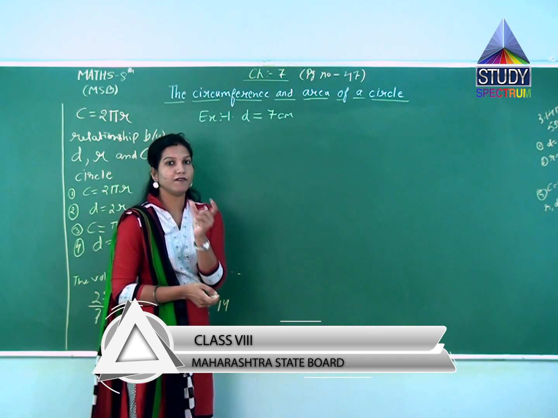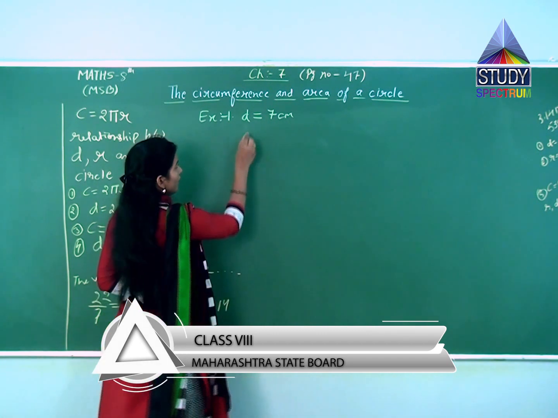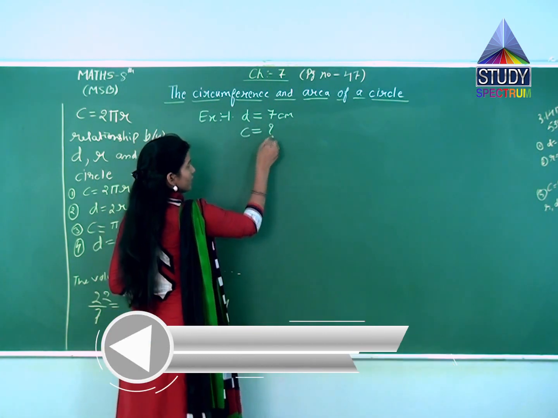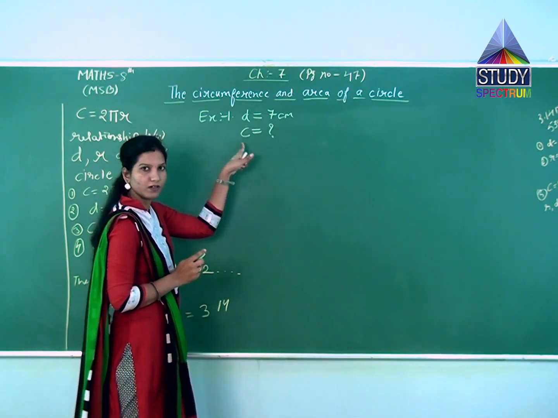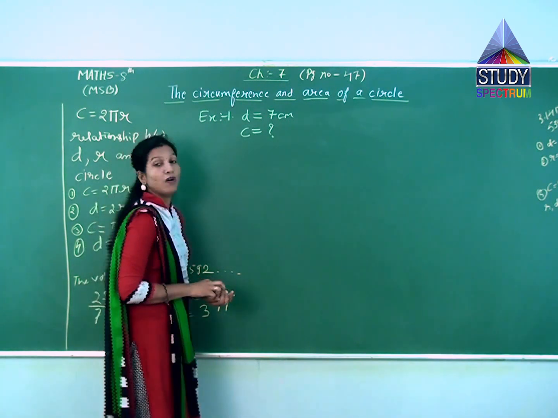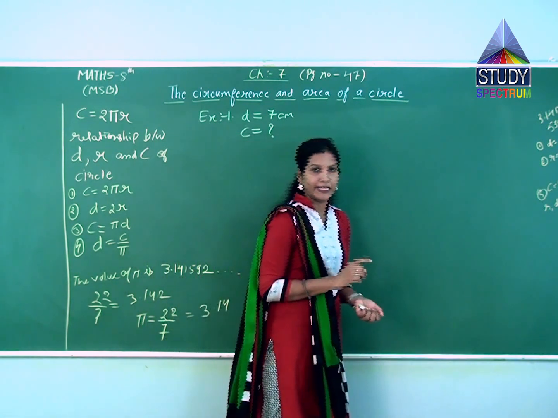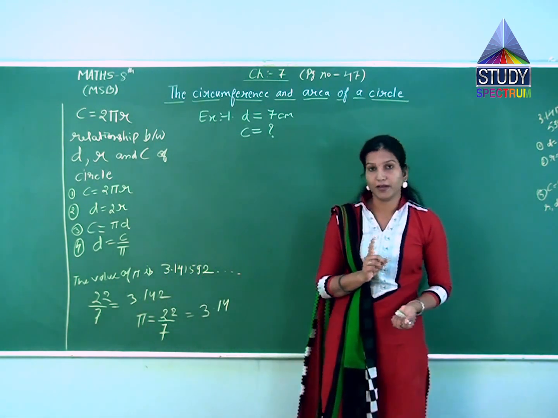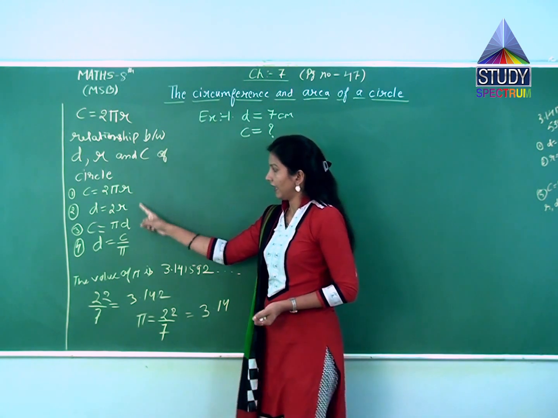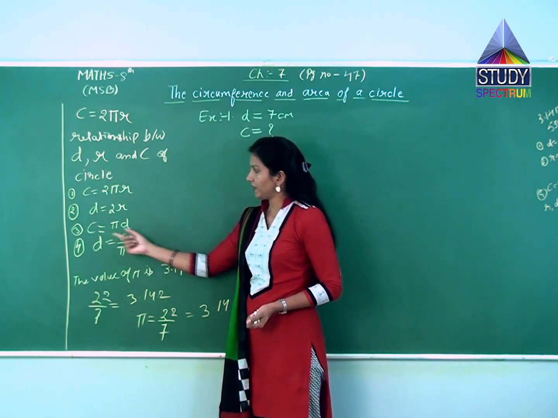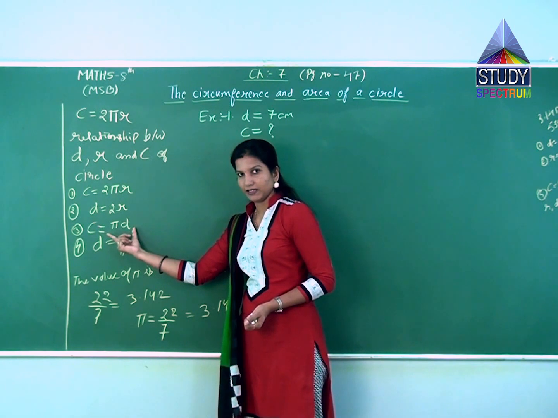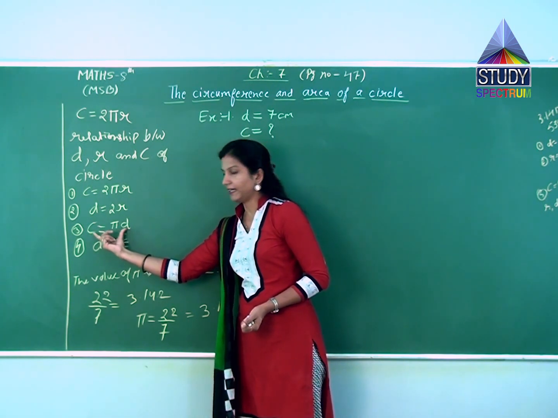Now, what is the question? What will be the circumference of the circle? We don't have the circumference, so I will put here a question mark for circumference. Now, what is the formula for the circumference of the circle? That is 2 pi r. But here I have shown the relationship between C and D, that is C equals pi d.